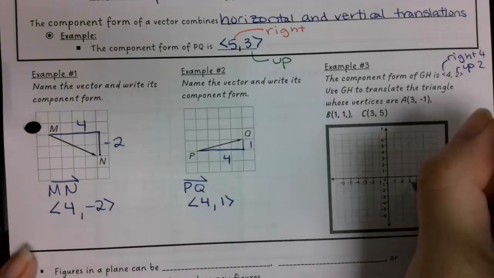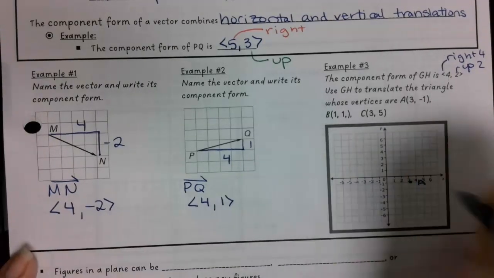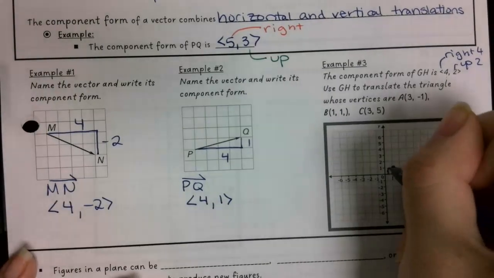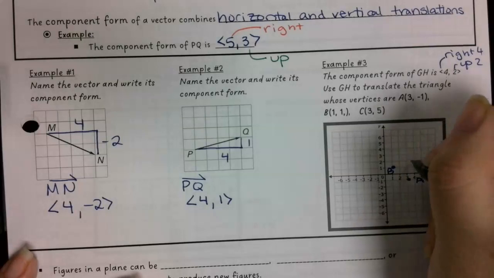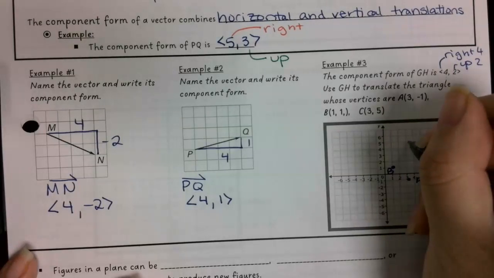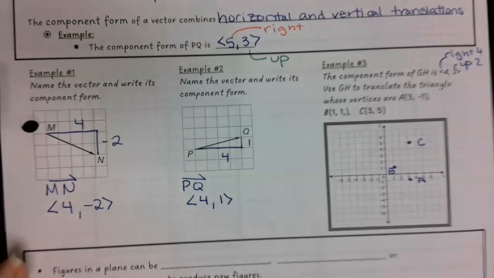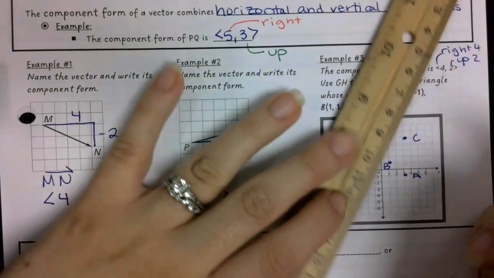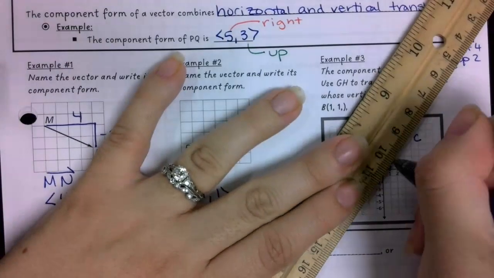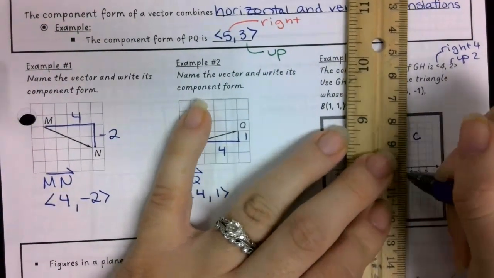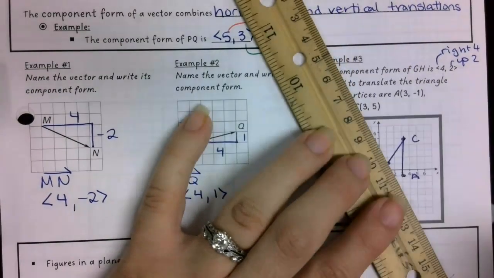I have 3, negative 1, 1, 1, and 3, 5. And then I want to connect these to make a triangle. It's also very important that I label the letters as I draw them.